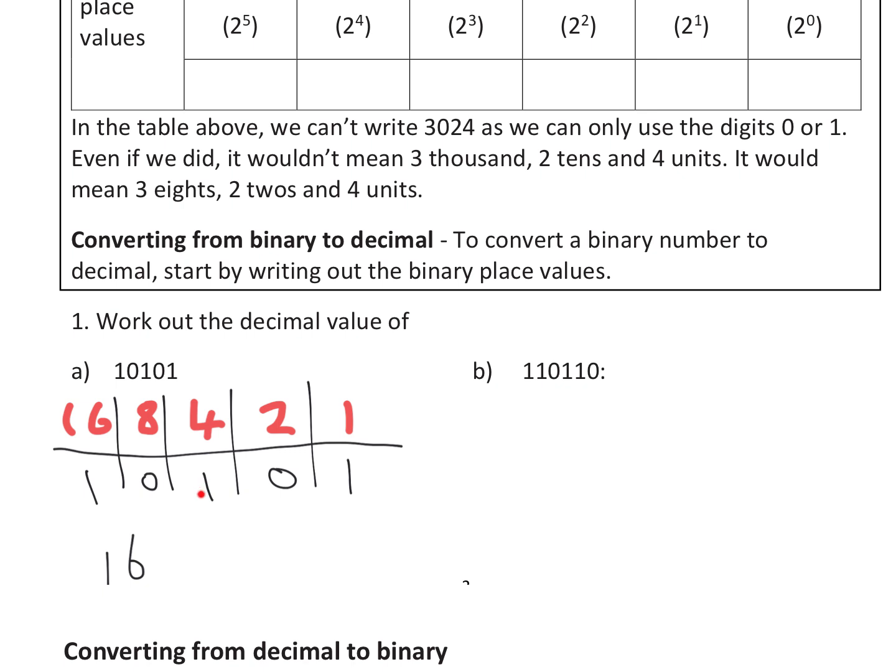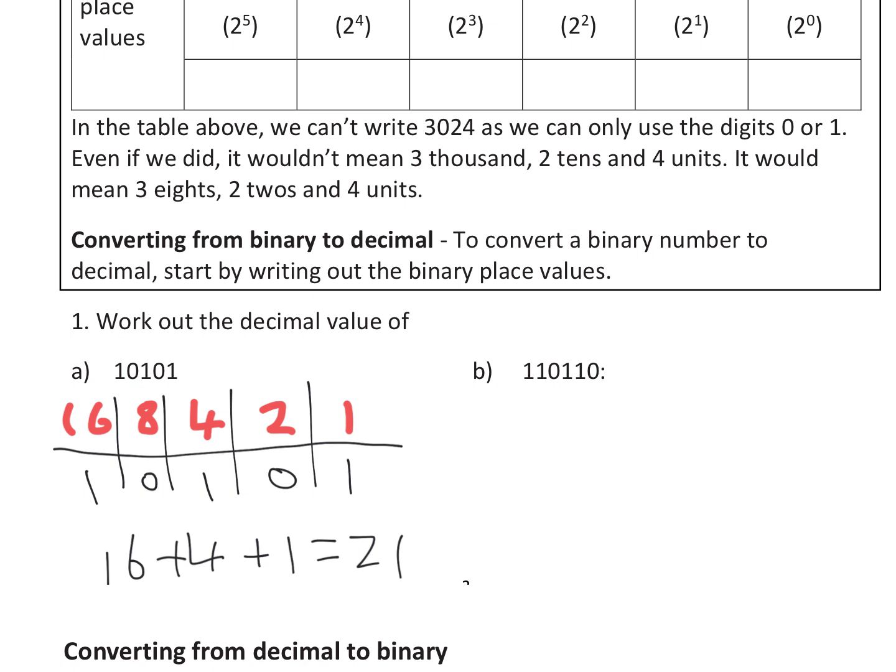The 1 does not mean 100, it means 1 4. So we've got a 4. The 0 means we've got no 2s. And the 1 means we've got 1. So the number 10101 means we've got 16, 4, and 1. We can add those together, and that gives us the decimal number, which is 21. So 21 as a decimal number is 21, but written in binary, it's 10101.